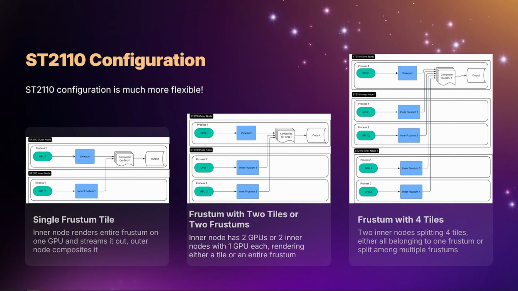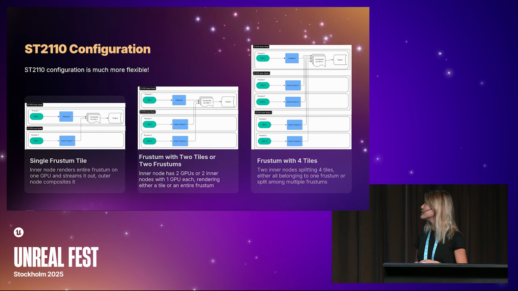With SMPTE 2110, you can get a lot more different configurations. These are all examples of what a config might look like. You could do a single tile. You could have one node dedicated to the inner frustum, rendering the whole inner frustum on one GPU, and then sending it out to all of the outer nodes, which then do the composite and then send it out.